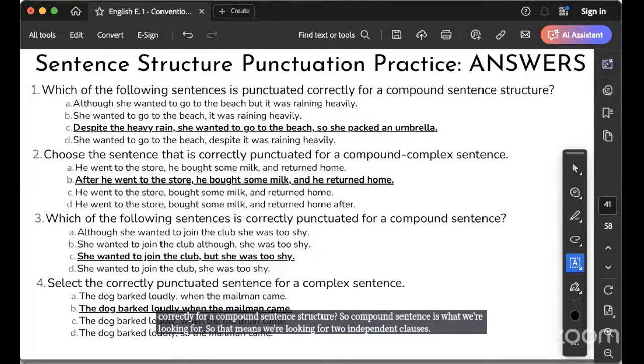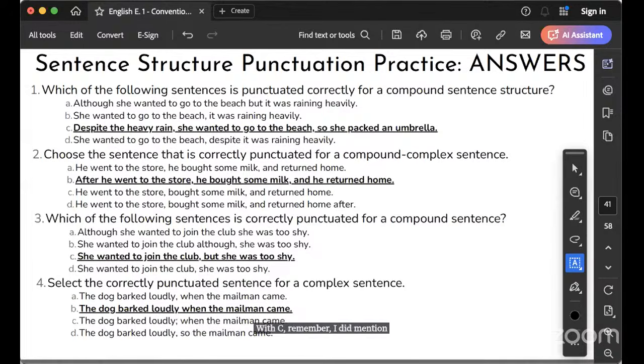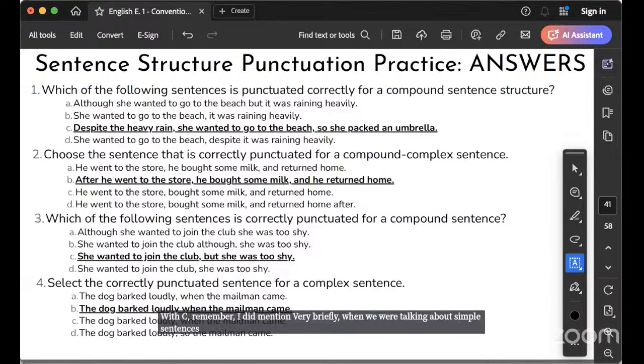So, with C, remember, I did mention very briefly when we were talking about simple sentences that sometimes you can have extra punctuation in there if it's got one of those introductory phrases or if it's got a transition word. That can kind of throw you off sometimes. So, what I like to do is I like to go through A, B, C, and D, and I like to check my clauses to see what I've got.